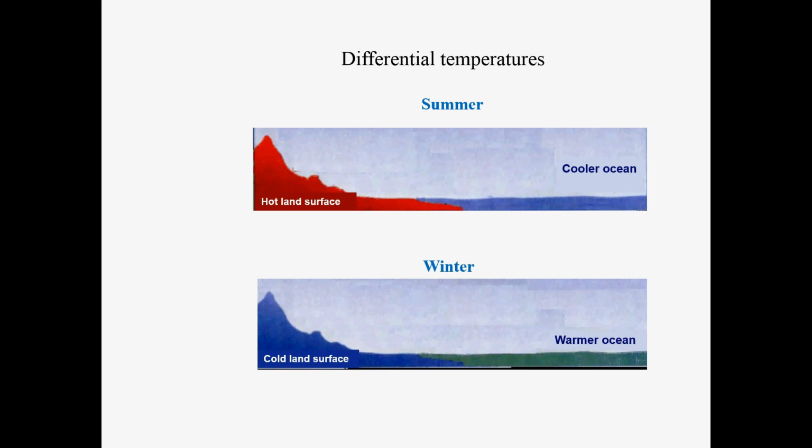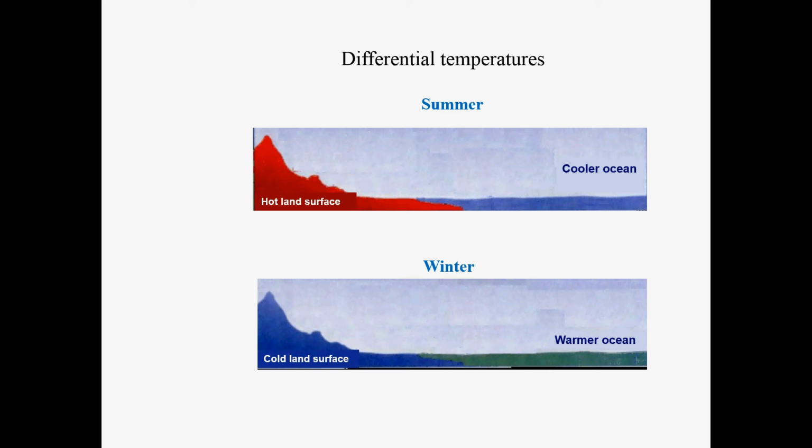Differential heating and cooling eventually gave rise to different temperatures of land and ocean during different seasons. During the summer, because the land heats up quickly, the land will have higher temperature. Ocean, since water heats up slowly, will have lower temperature.